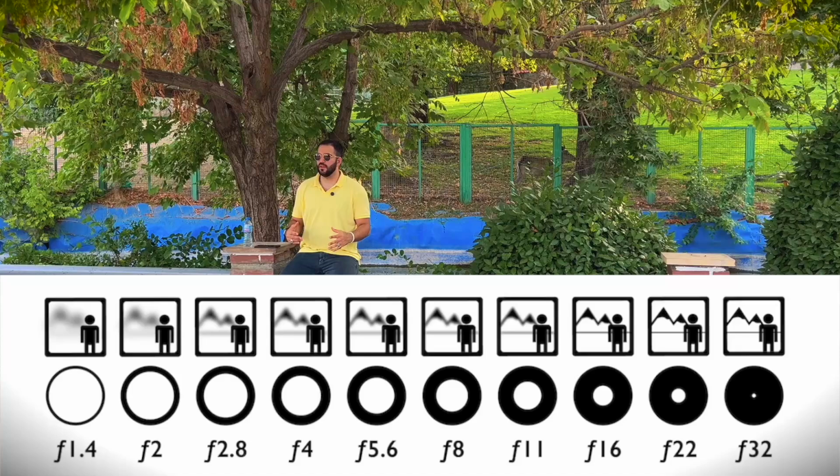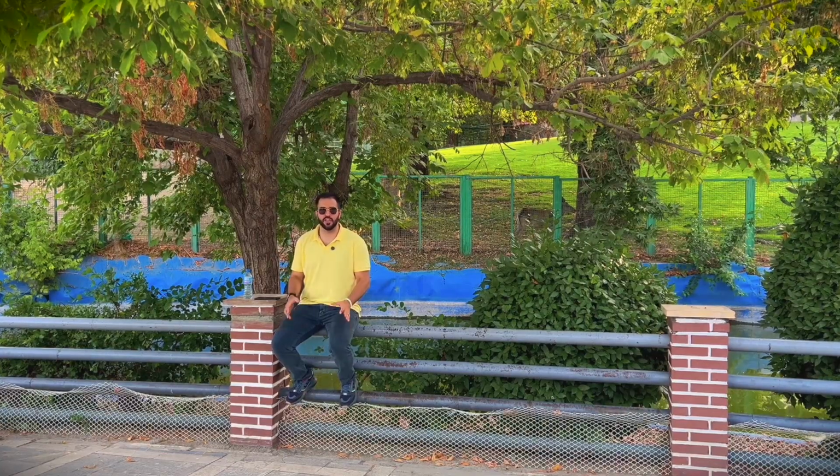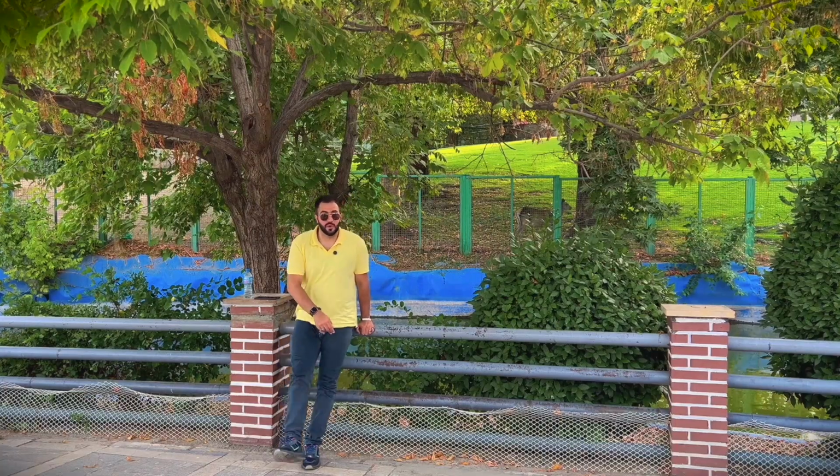I think the lowest f-stop that we reach is 1.2, and it is basically a very huge opening. You have so much light in your camera. It allows more light and creates a shallow depth of field, which is great for portraits. A higher f-stop means a smaller opening, letting in less light and providing a deeper depth of field, which is perfect for landscapes.